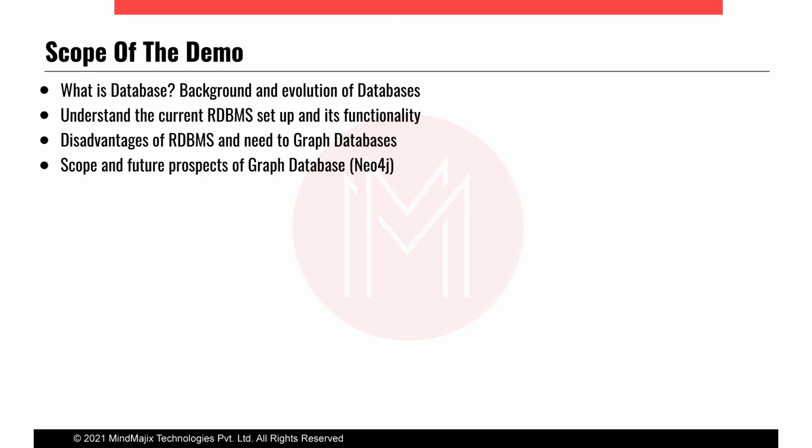In a relational database system, the data is set up in the form of rows and columns. This has clicked and is running in the market, so we don't have any issue with it as of now. But looking into the future, the graph database has scope. We'll go through the disadvantages of RDBMS, why you need the graph database, and the future prospects of the graph database, especially Neo4j.